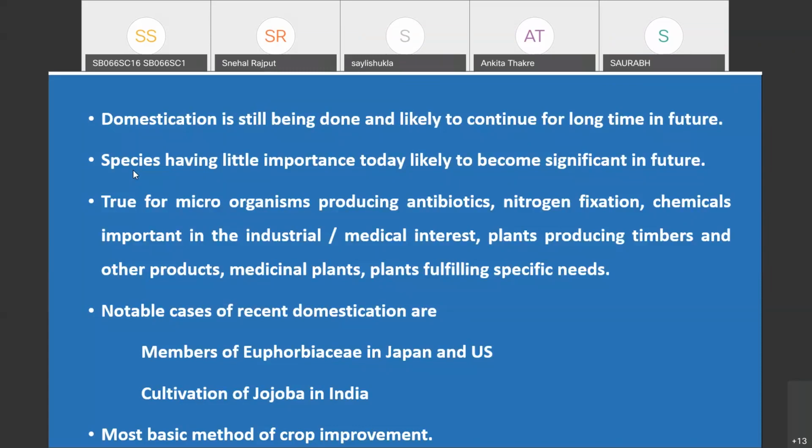Then the organisms involved in nitrogen fixation, and those producing chemicals important in industrial and medical interest. Then certain types of plants which produce timber and other plant products.